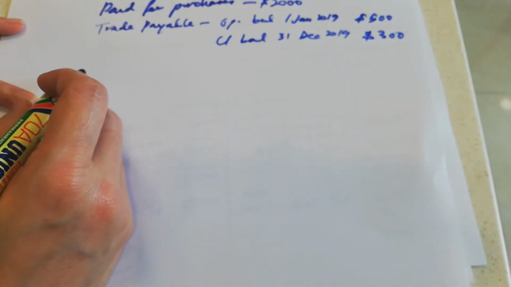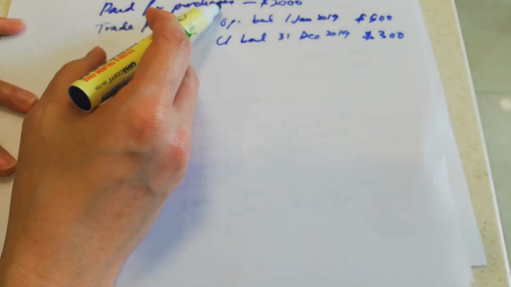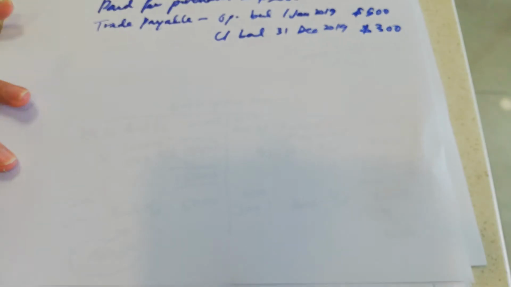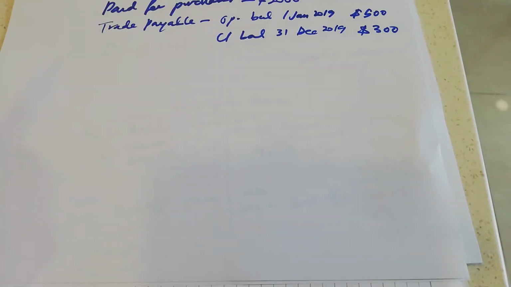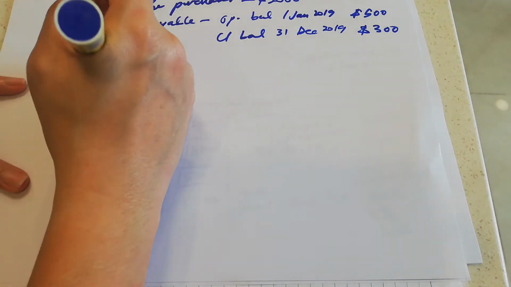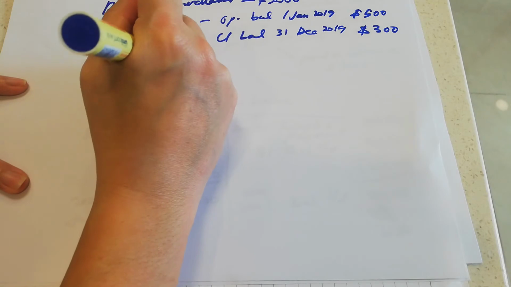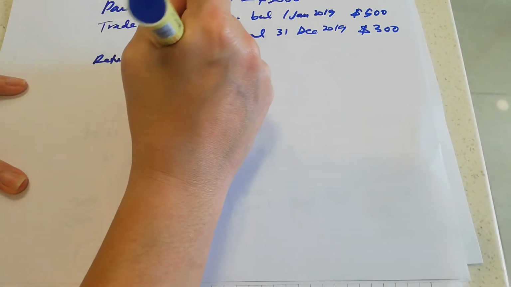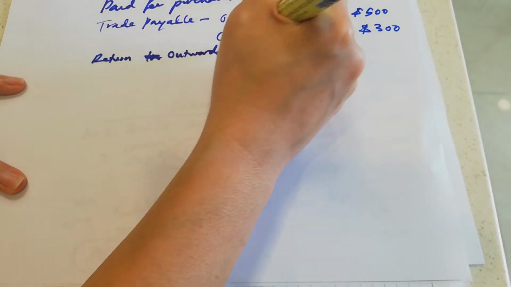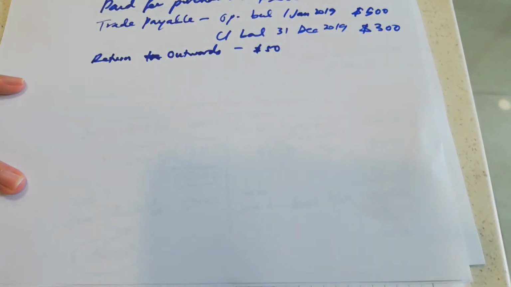Now, they didn't give me the total purchases for the year. I know the cash purchases, but I don't know the total purchases, which consists of credit purchases and cash purchases. Or maybe let's put in one more piece of information: return outwards, because this is purchases, let's say $50.